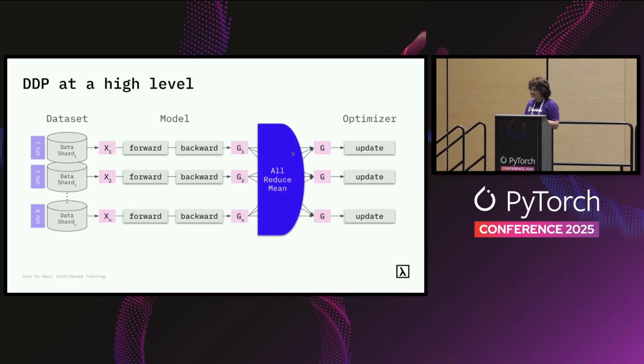The cool part about DDP is this all reduced mean, which basically all the GPUs talk to each other and communicate about all the gradients. And then after that, we magically have all the gradients on all the GPUs exactly the same. And then we have a full copy of the optimizer also on every single GPU, so we can just run the optimizer as normal. So it's pretty straightforward, but it does cost a lot of memory.